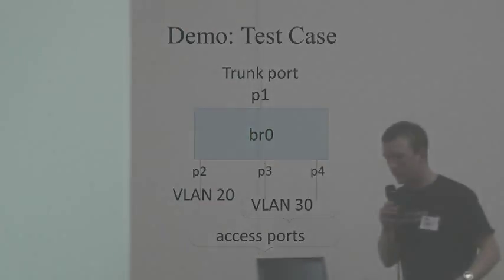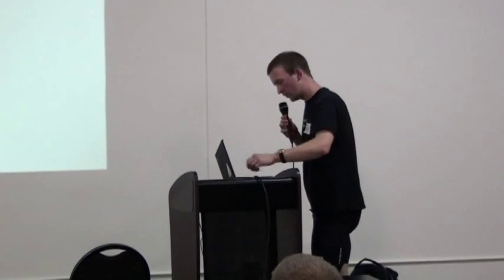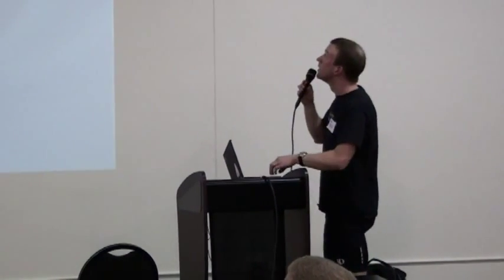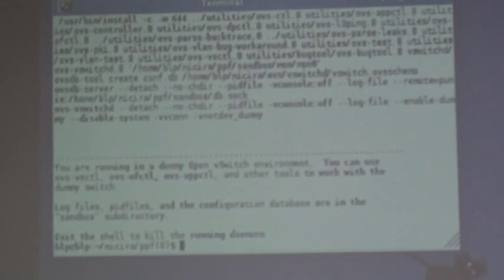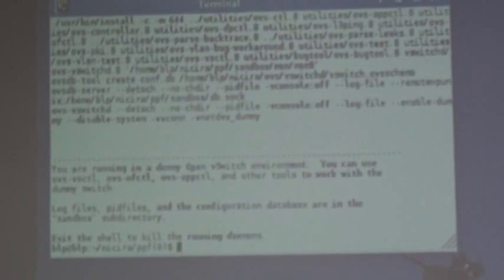Now I'm going to flip out of the presentation and actually show you some Open vSwitch stuff that I set up last night. I'm going to start up a little script. It helps if I run it with the right argument, doesn't it? There we go. What this script does is start an Open vSwitch in what we call dummy mode.